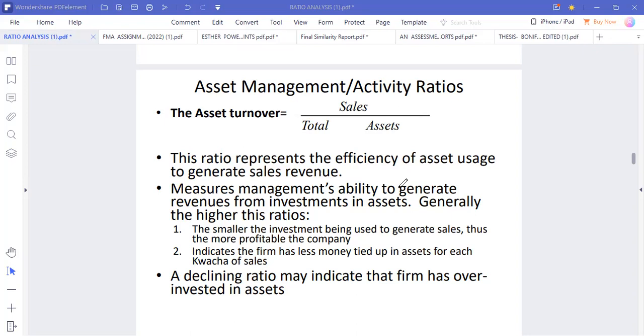It measures management's ability to generate sales from the investments. Generally, it works as follows. If you have a smaller investment being used to generate sales, it means there's more profitability in the company. So a declining ratio may indicate that the firm has overinvested in assets.